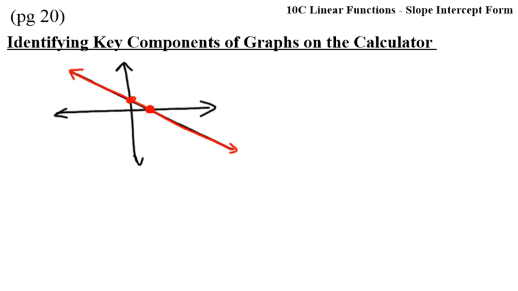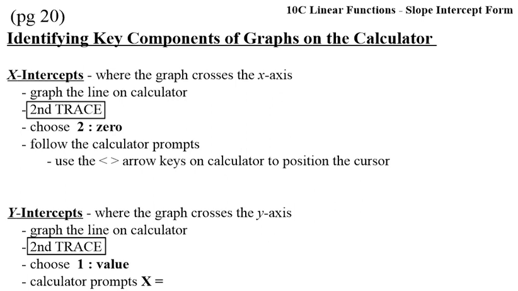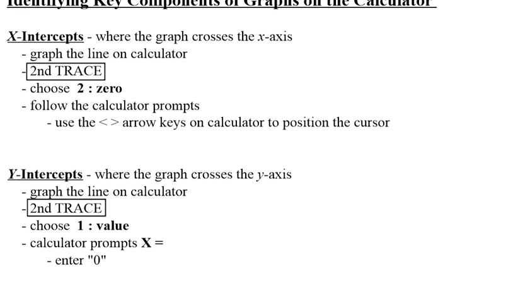So the two key things, x-intercept and y-intercept, we can get off of the calculator as well. Here's how. Pretty straightforward, but you have to remember it because this will be required to know.